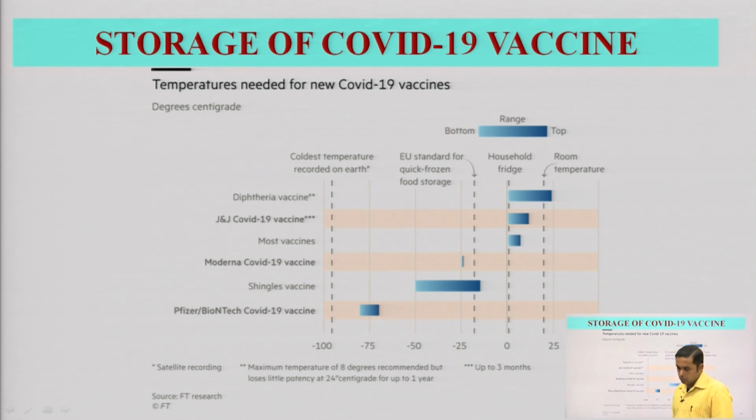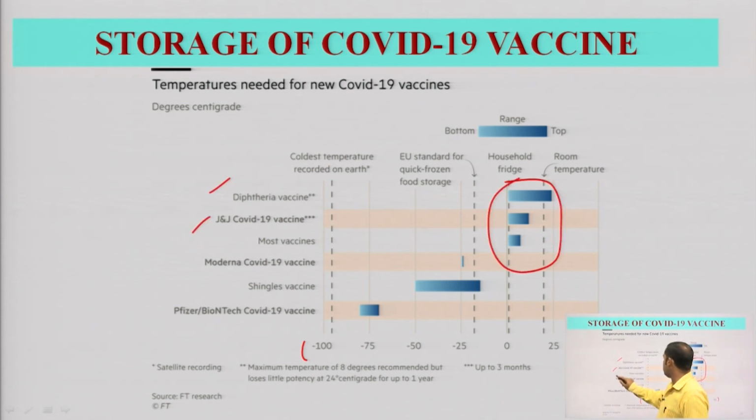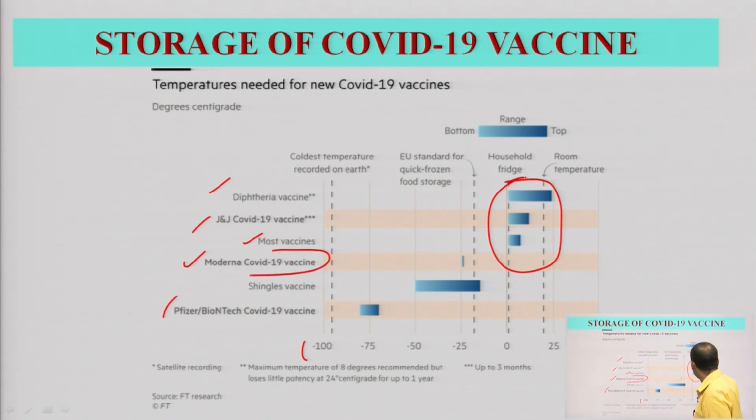Here I have tried to show you another very interesting picture, where I have tried to summarize. This is the temperature, and this is the window. The diphtheria vaccine, Johnson & Johnson vaccine and most other vaccines, including Moderna's COVID-19 vaccine, you can see are mostly stored in this range.